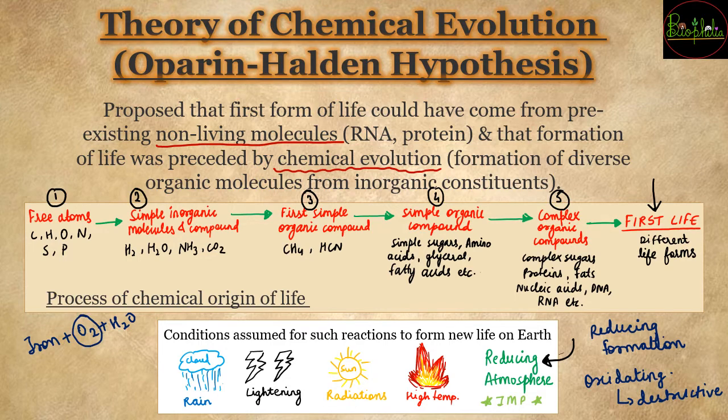Oxygen will make iron rusted. So whenever oxygen is there, it will destruct. Because of the oxidative environment today, it is very difficult to have a new life, a new chemical origination of life. So these are the possible conditions. In those days it was okay to have the formation of the first life.